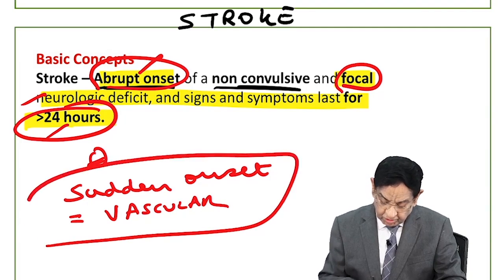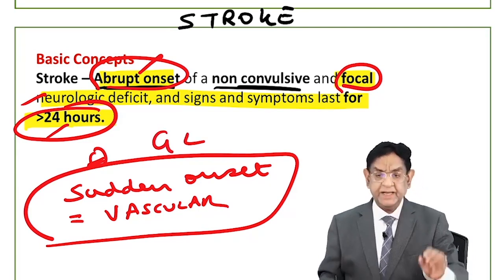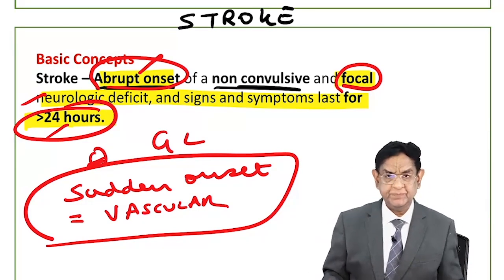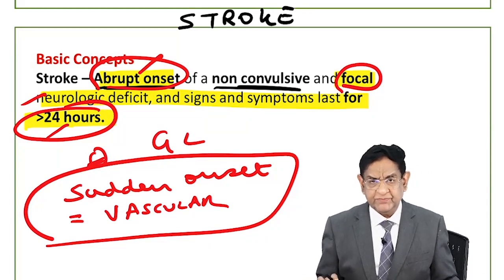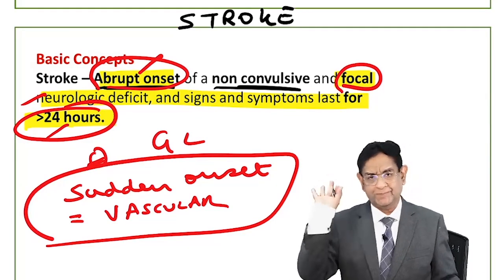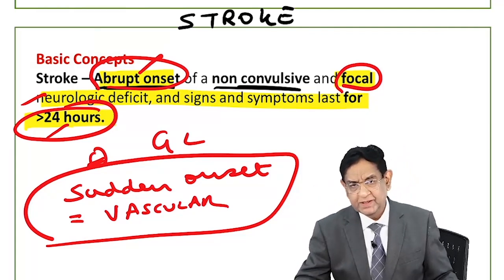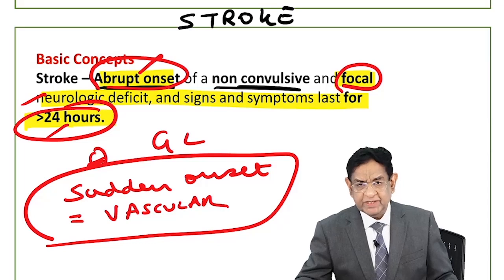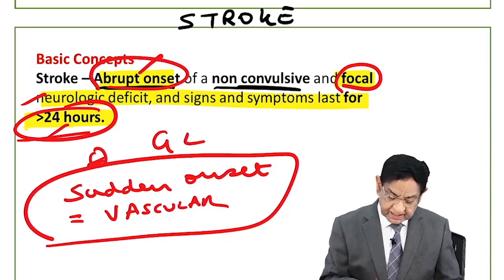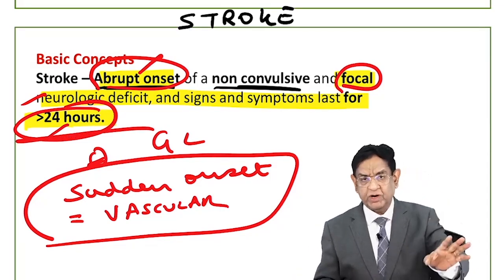It is a golden line to remember, unless proved otherwise. Any question where you are getting sudden onset of deficit is stroke, like this patient. It may or may not recover within 24 hours. If it doesn't recover in 24 hours, we call it a stroke.